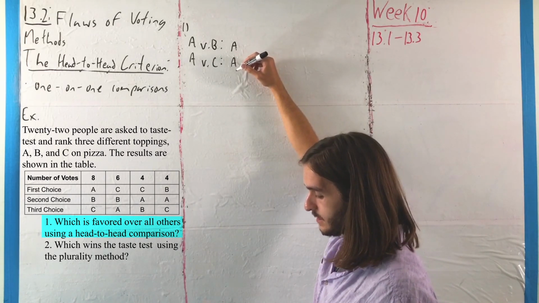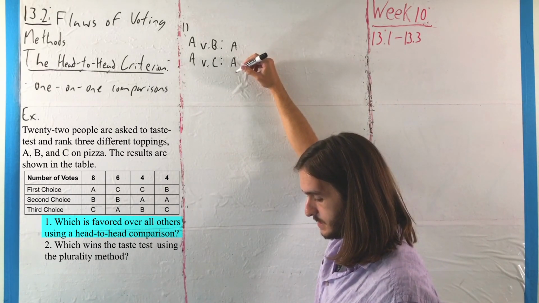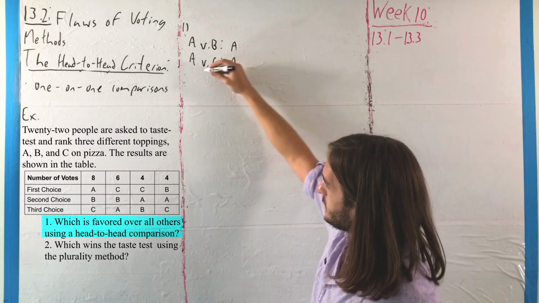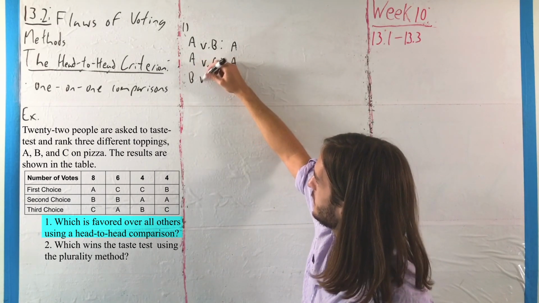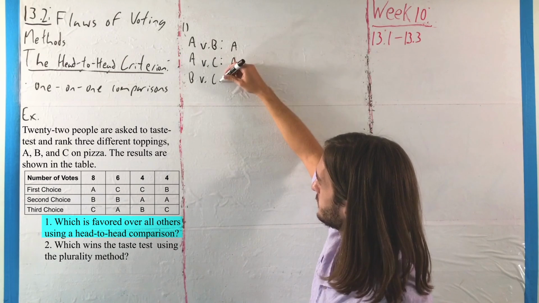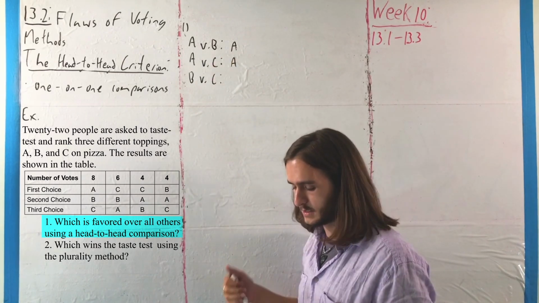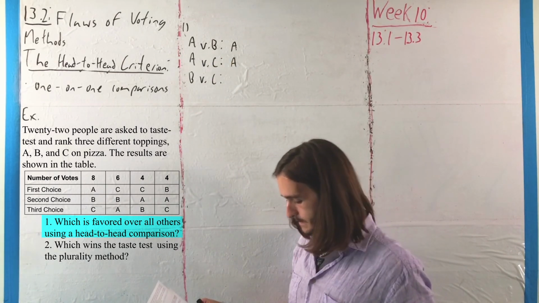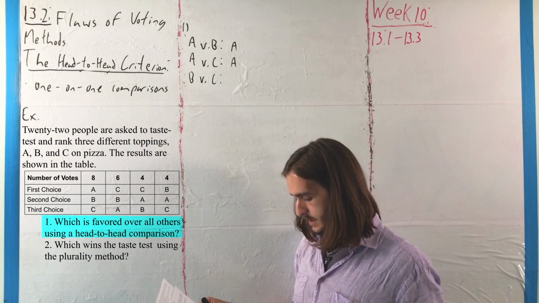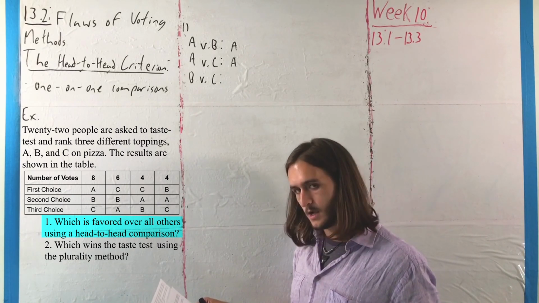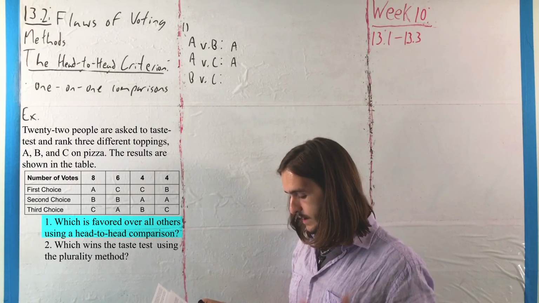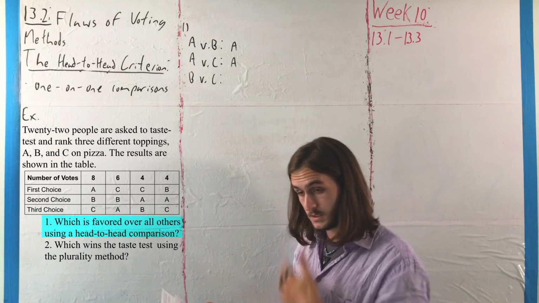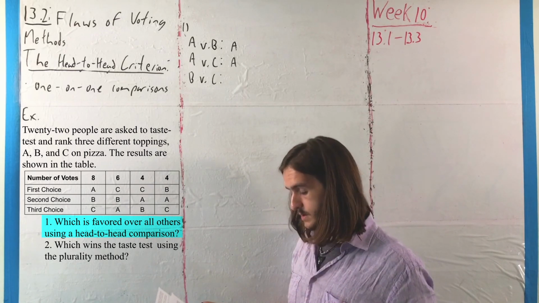And then finally, for B versus C, not that it really matters, because A has already won 2 of them and there are only 3 possible. But just to be sure, we have that B would win columns 1 and 4, while C wins columns 2 and 3.